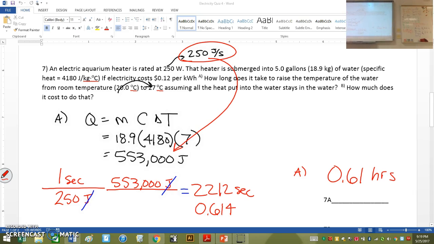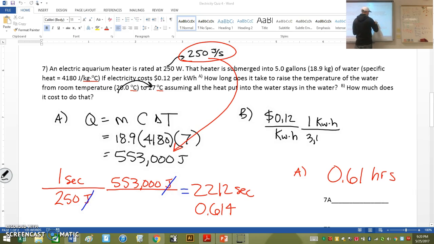Part B says how much does it cost to do that? Let's see. So I know that it's $0.112 per kilowatt hour. And I know that 1 kilowatt hour is 3,600,000 joules.